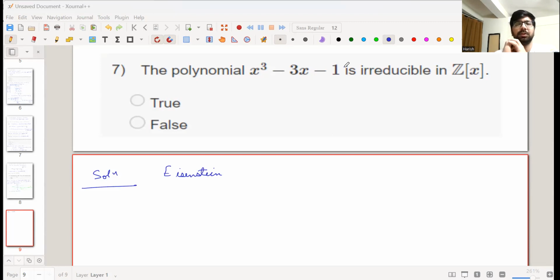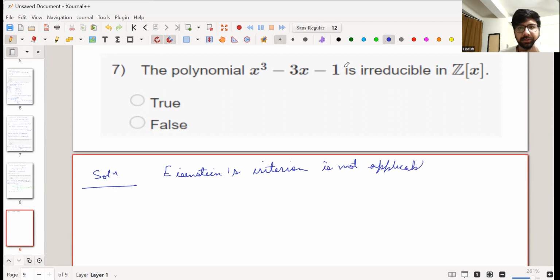So how will that be useful? Because from mod p only you will get the proof of Eisenstein criteria. Eisenstein criteria is not applicable. If it is mod n, you have to tell me the n, for which n you are thinking it will work.